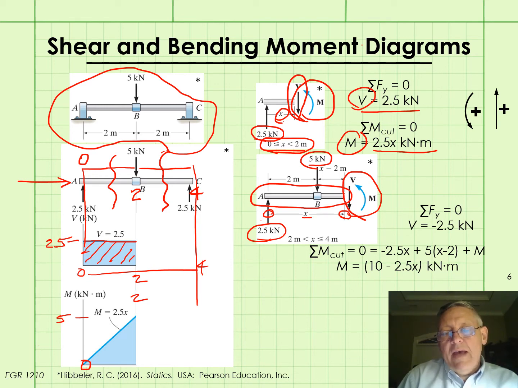which means that this distance here is going to be X minus the 2 meters. That is the distance from the start of the end of the beam to the 5 kilonewton force.